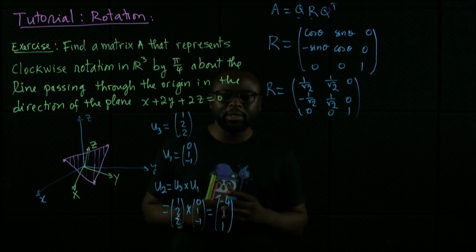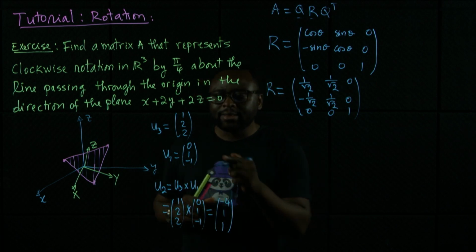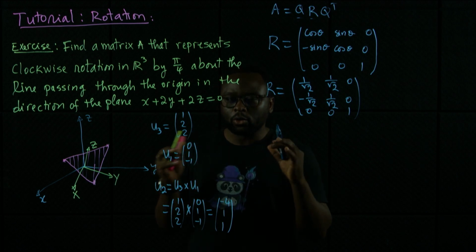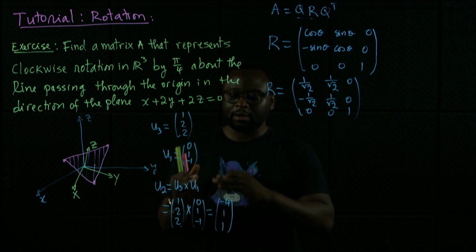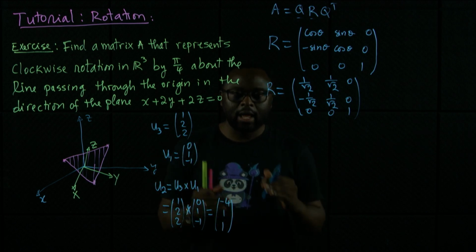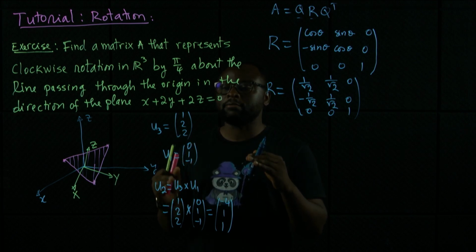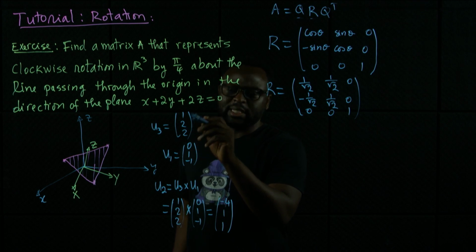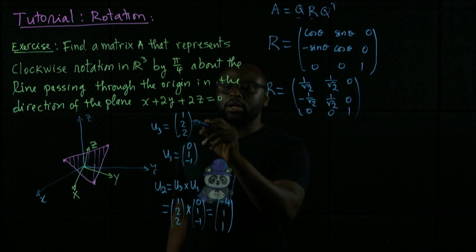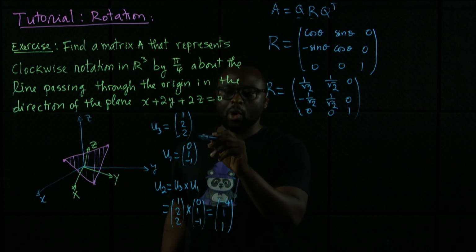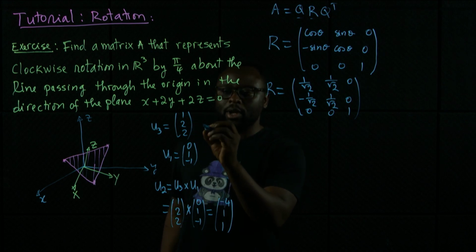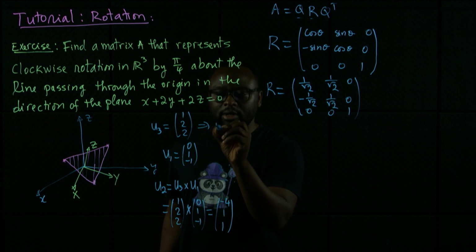What's happening here is these vectors have to be orthonormal. What does orthonormal mean? Orthonormal means they have to be orthogonal to each other, and they should be unit vectors. Can we say that this is a unit vector? This is not a unit vector because its norm is not 1. To make sure the norm is 1, we scale it this way.